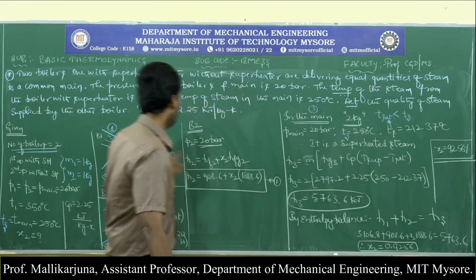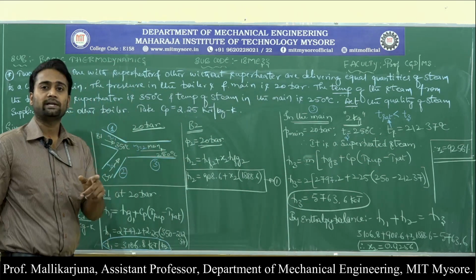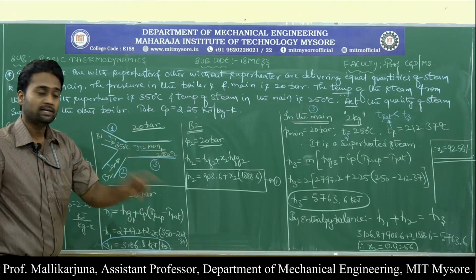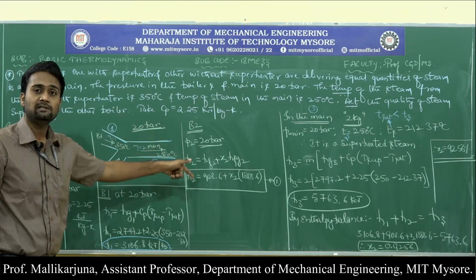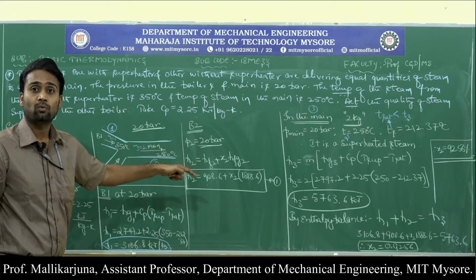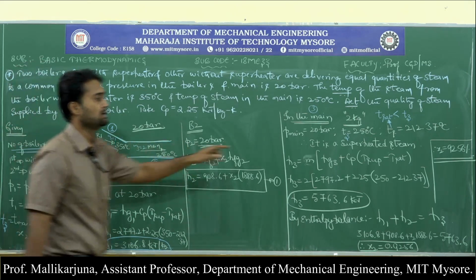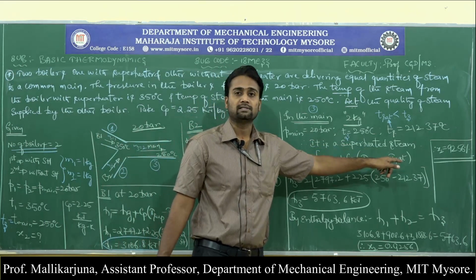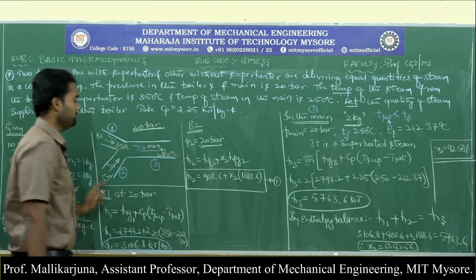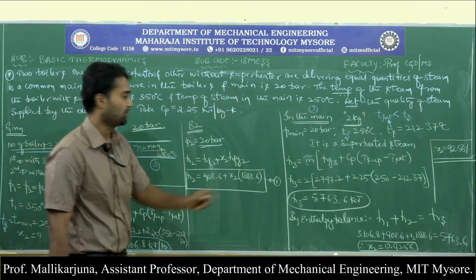That means in the mains also I am dealing with superheated steam. Boiler number 1 supplying the superheated steam. Boiler number 2, as he is asking, it is not a dry steam, it is not a superheated steam, it has a quality, and in the main it's still operating as a superheated steam. So now I have to decide what kind of steam that boiler number 2 is producing.